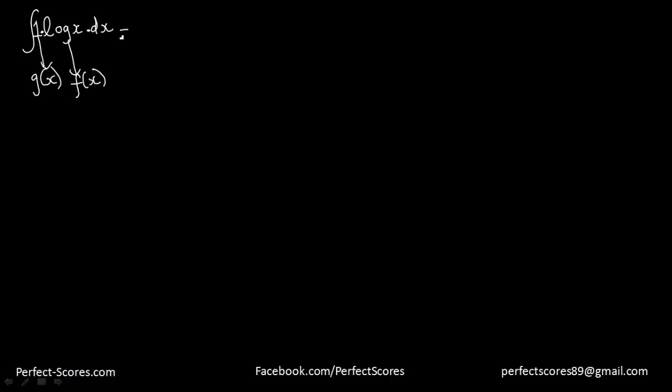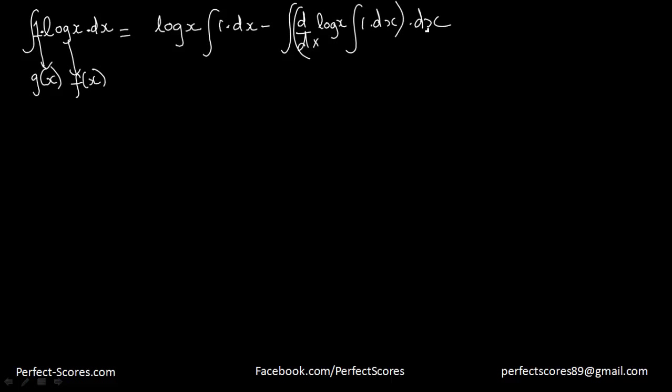So this is going to be equal to f of x into 1 dot dx minus the integration of f dash of x, so that is the derivative of log x, into the integration of 1 dot dx, dot dx. So this is going to be equal to log x. And what is this 1 dot dx? That is actually equal to x, right?